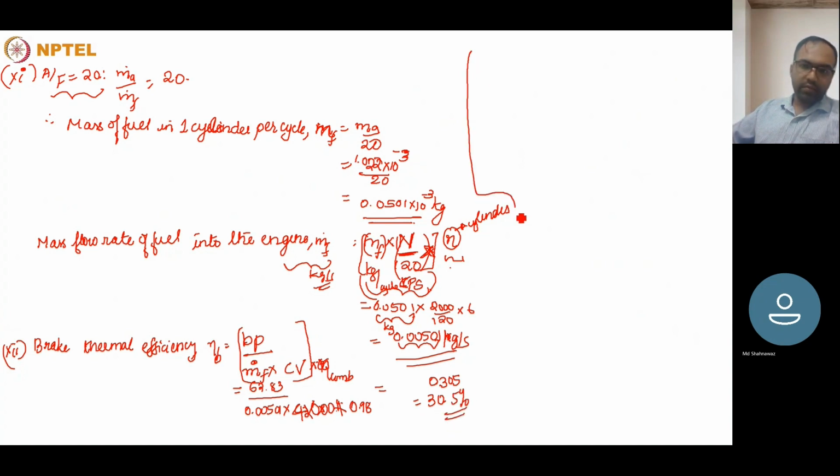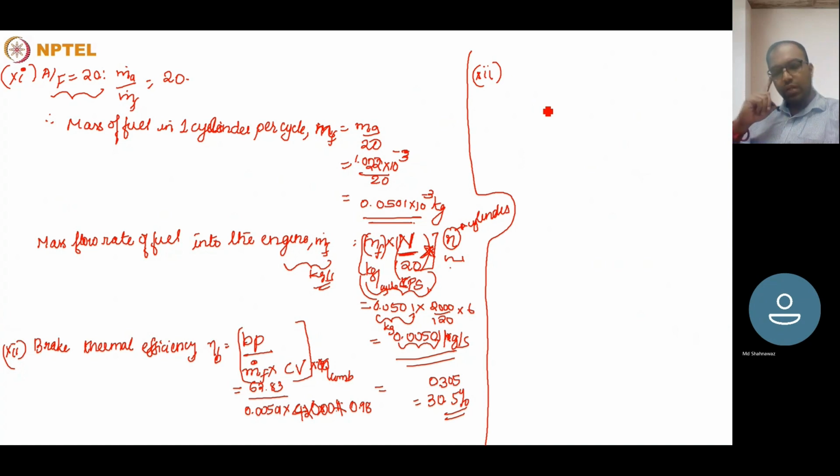Brake thermal efficiency. The indicated thermal efficiency is related, just like the indicated power to the brake power or indicated mean effective pressure to the brake mean effective pressure. Indicated thermal efficiency is related to the brake thermal efficiency by the mechanical efficiency term.